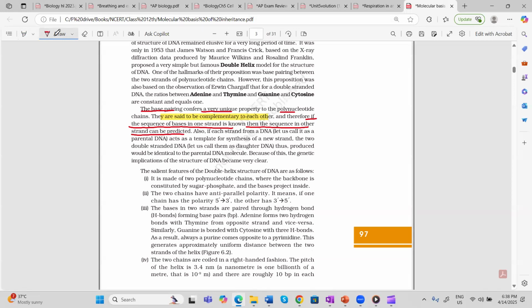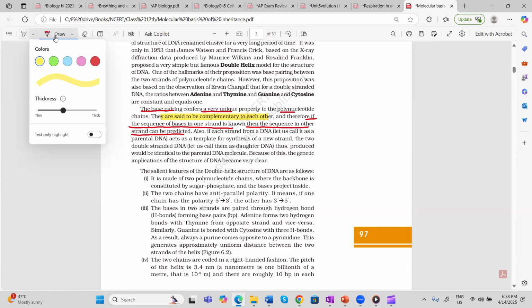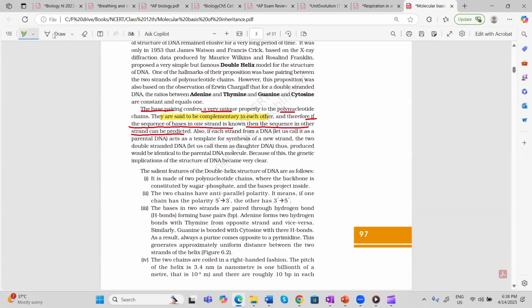Second, if each strand of a DNA acts as a template, the two double strand DNA produced will be identical to the parent.